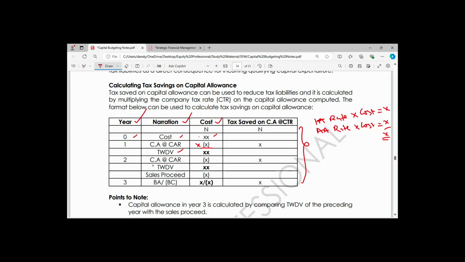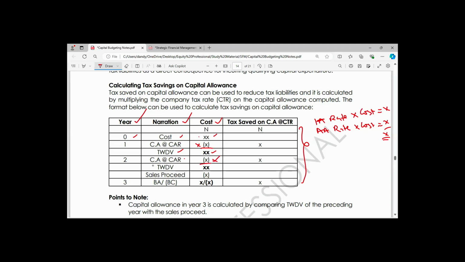It will depend on whether the capital allowance is on a straight line basis or reducing balance basis. We're assuming that it's on a reducing balance basis, so just multiply the annual allowance rate on the tax written down value to get this number. Then you deduct, and you get your tax written down value.